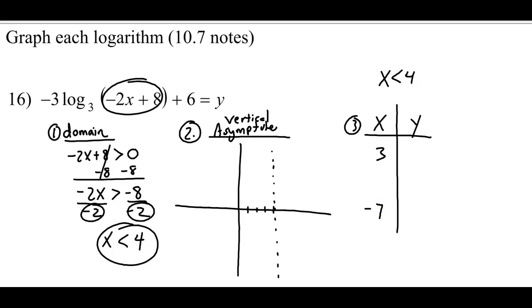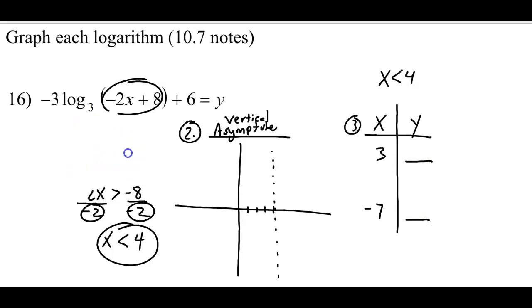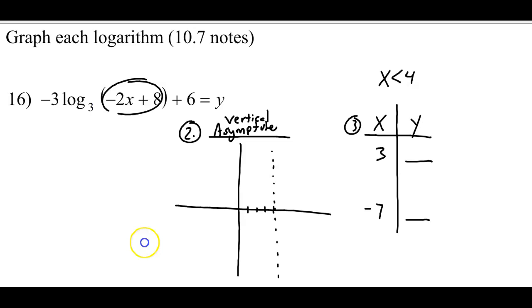Right? Now to find out what the y values are, that's my next task, is I need to plug my x values that I picked into the equation that I have there. So -3 log 3. And I'm going to plug in my numbers that I picked. So the first one I picked was 3.